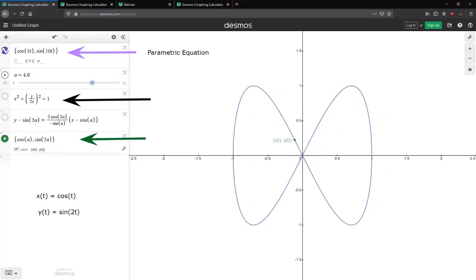Here, I have a different parameterization where my x of t is no longer cosine t, and my y of t is no longer sine of 2t. The formulas are going to be different. So this will be cosine of 5 times t for my x, and sine of 10 times t for my y.